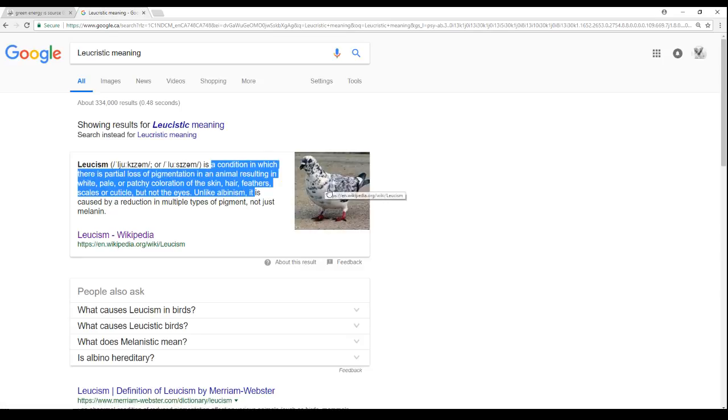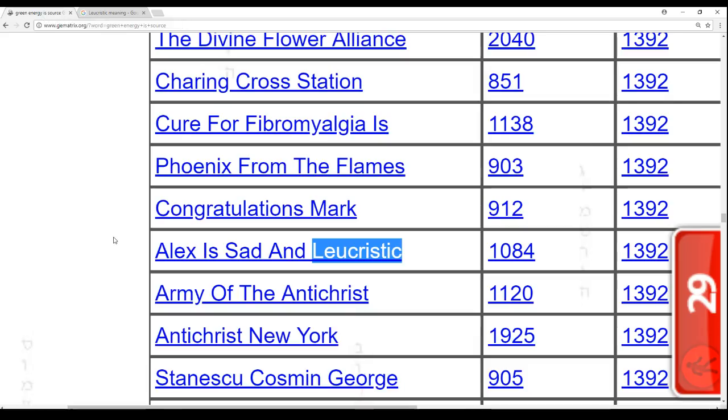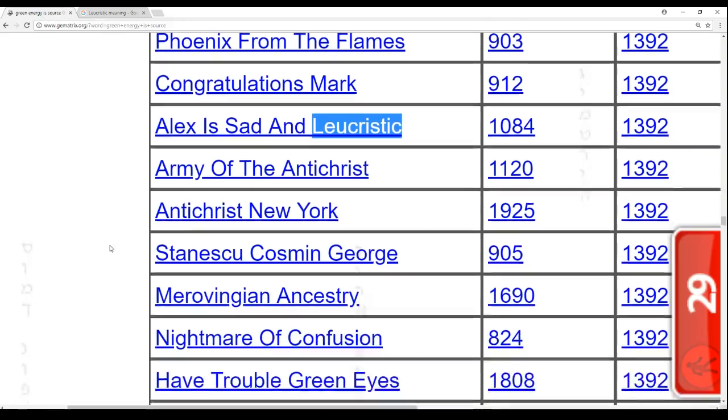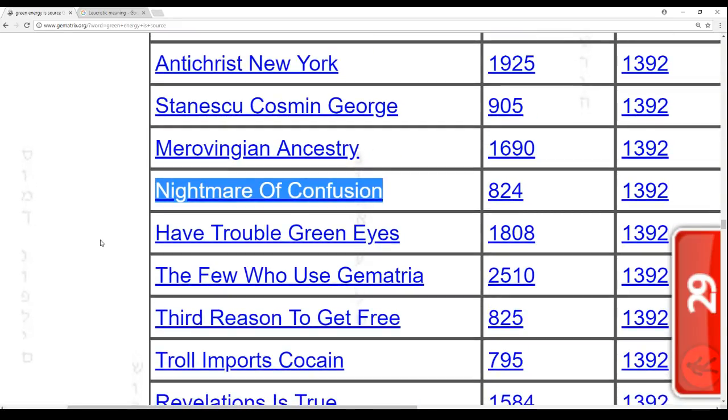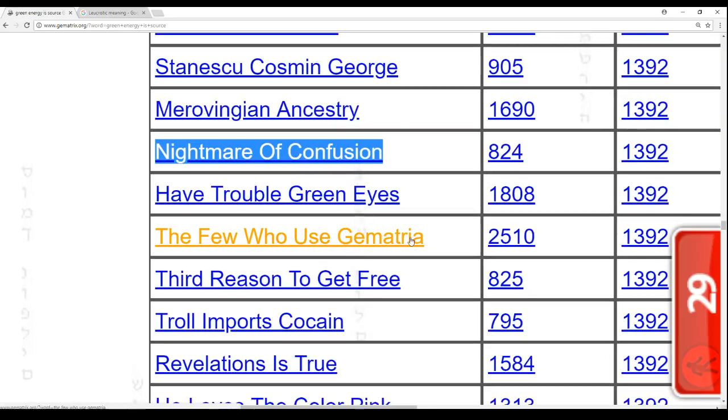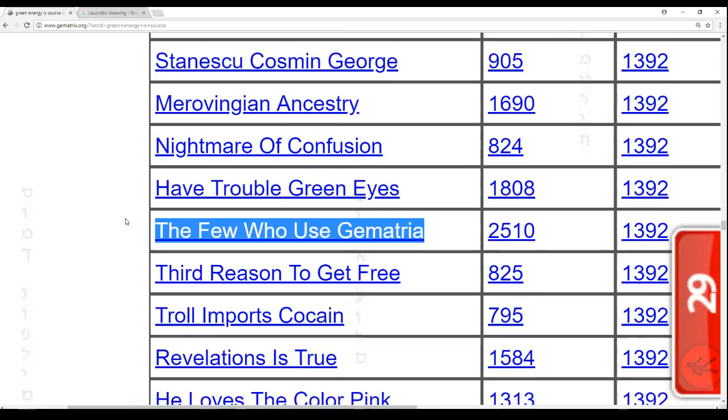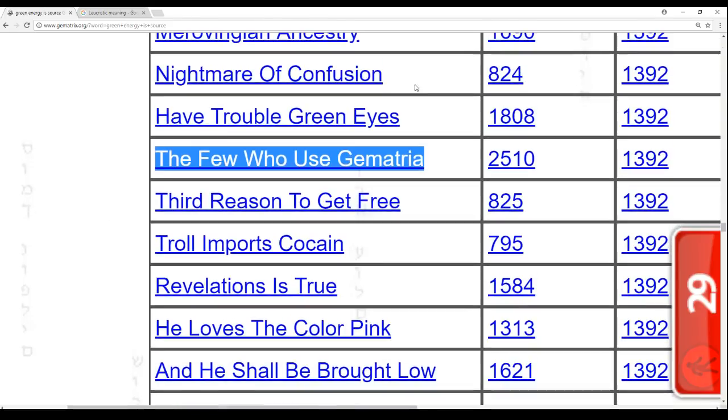Chickens come like this, but it's not the same word, but it still makes me sad. Nightmare of confusion. Yeah, we're living in a world of confusion. That's another Phil Collins song, Land of Confusion. The few who use gematria, hey, have trouble with green eyes?